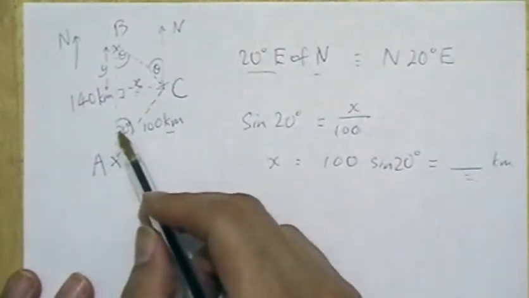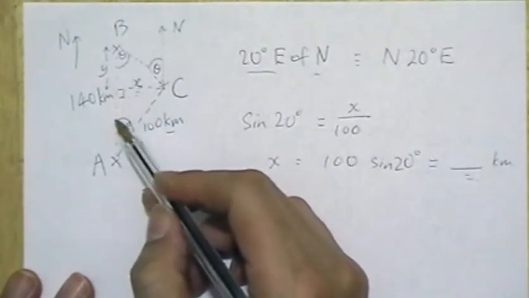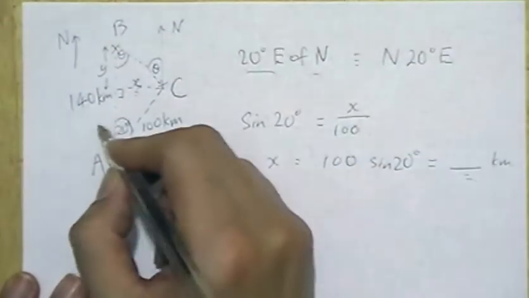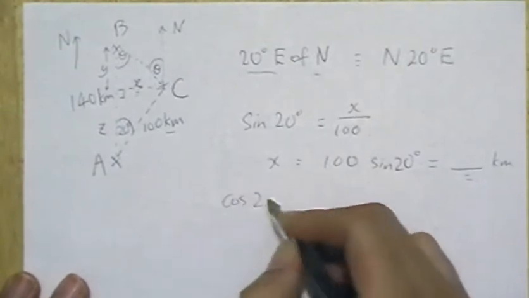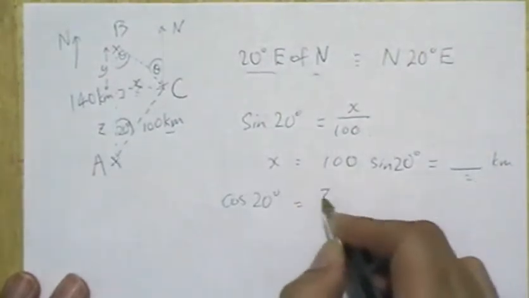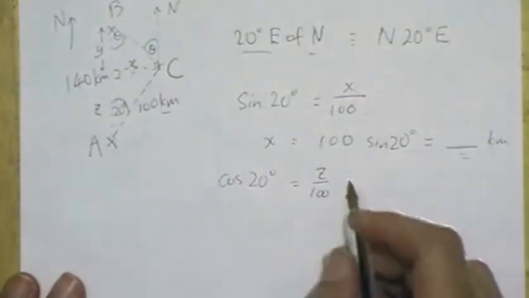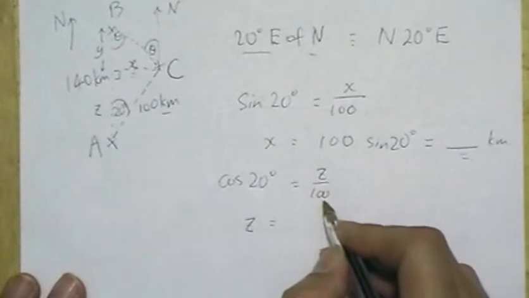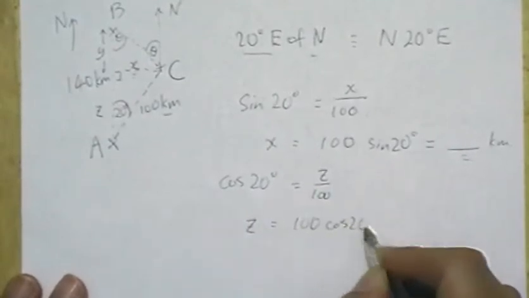And this side is the adjacent to this angle. So let's say I call this side Z. Then cosine 20 degrees would be the adjacent Z over 100. So from here we know that Z is 100 times cosine 20 degrees.